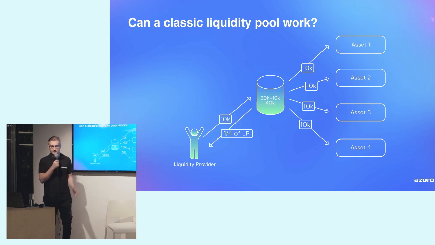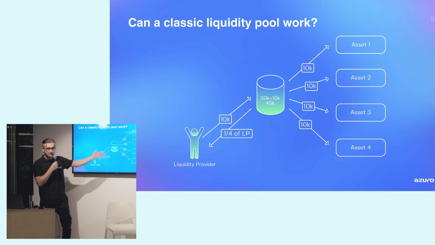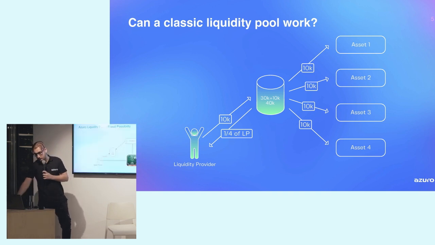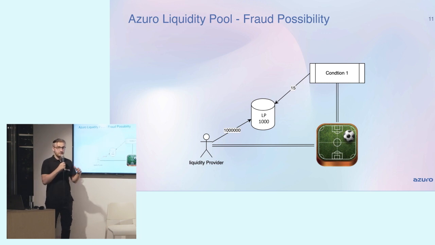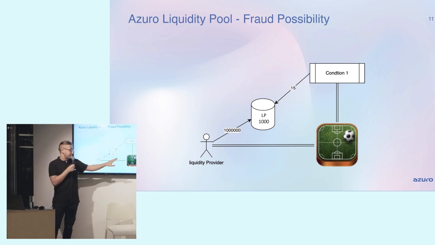I believe everyone knows, but anyway: you put some money into the liquidity pool and you receive some share. If the liquidity pool gets profit, cool, you can withdraw your share and you will get some profit as well. Sounds very easy. But in our case, as I mentioned previously, the liquidity pool's profit is connected with real-life events, for example, a football match or something like this.